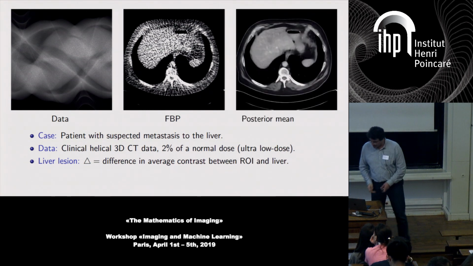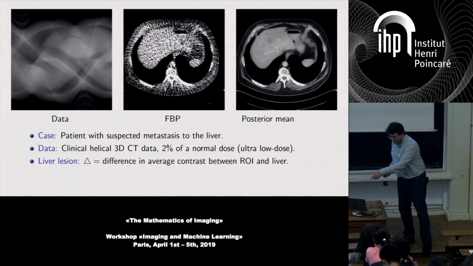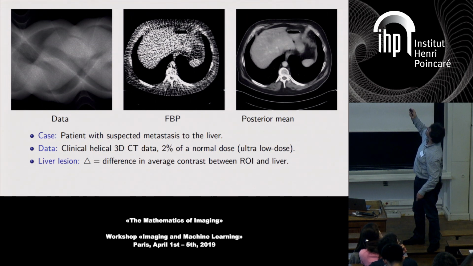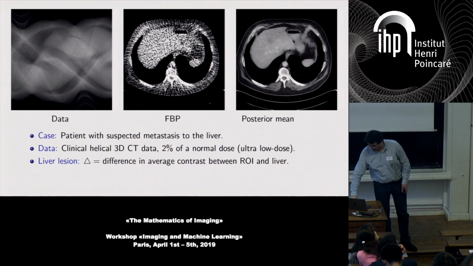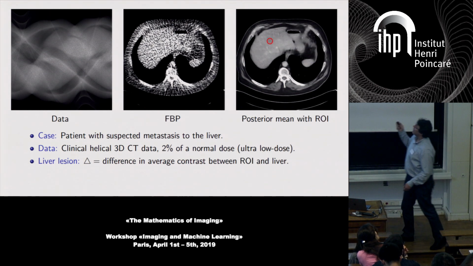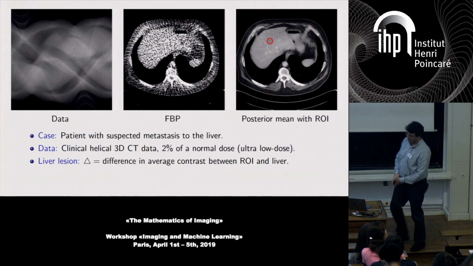If you take the conditional mean here, or posterior mean, you get something like that. On my computer it's actually better visible than on the screen here. The dark spot here is actually more visible on the computer screen. So let's say you suspect that that might be a potential problematic region, and then you can do a histogram of the average intensity inside here with respect to the entire liver.